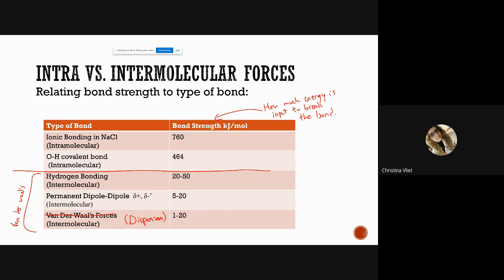What's the difference? Go ahead, Ben. Ionic and covalent bonds require way more energy. A lot. You don't have to get specific with numbers. Just a lot more energy. So it requires a lot more energy to break a molecule or compound apart than to break molecules or compounds up from each other.